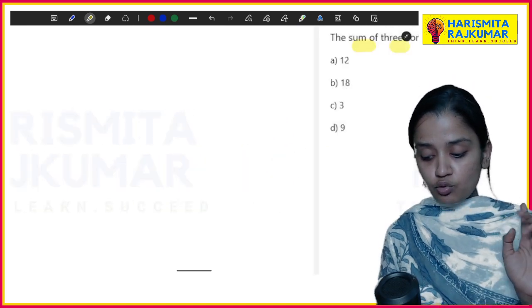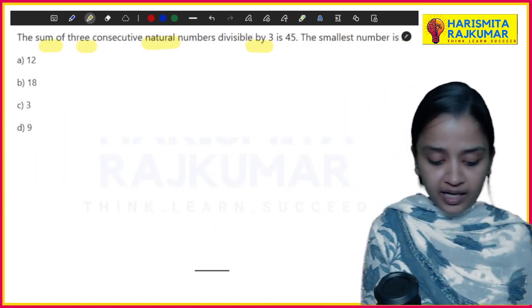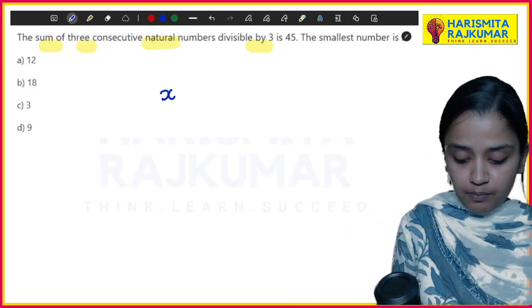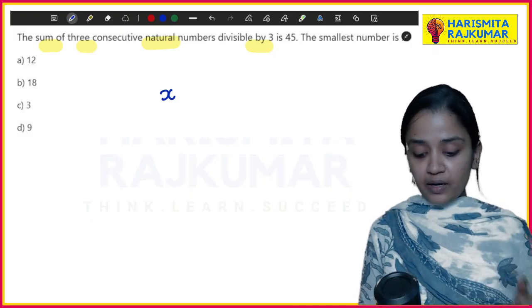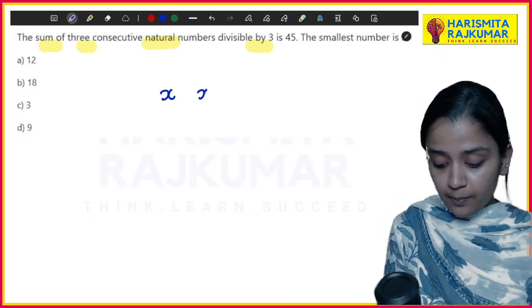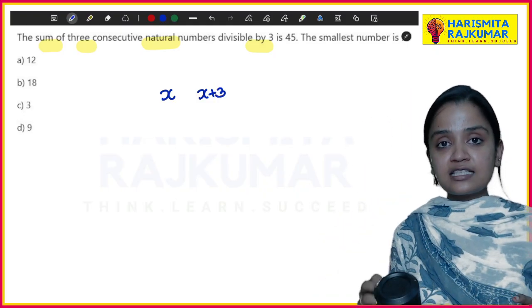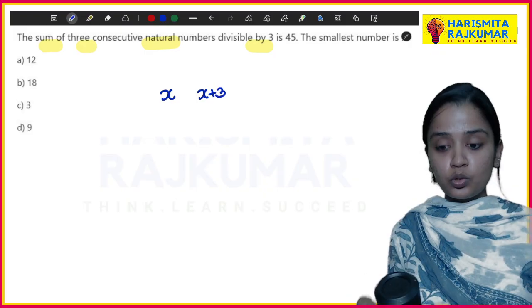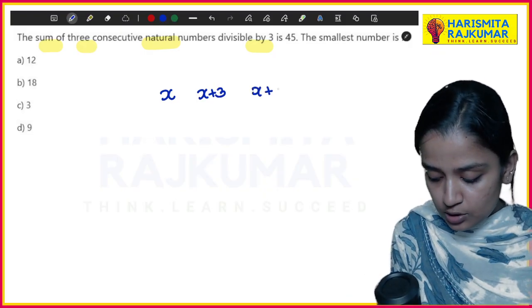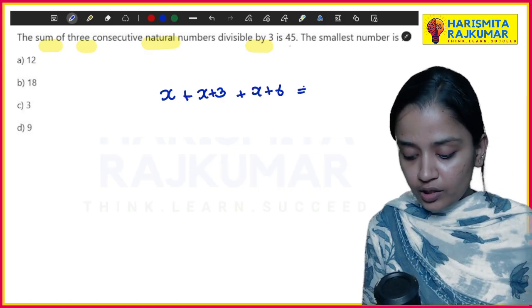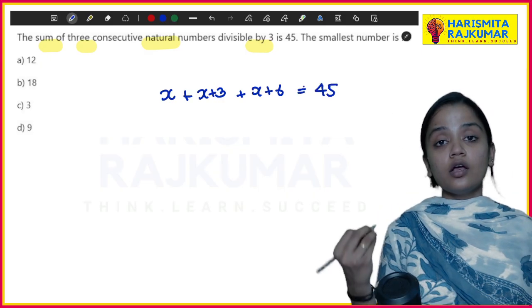As usual, I'm assuming the first number as x. Next number is divisible by 3, so it will become x plus 3. Since x plus n, then it becomes x plus 2 into 3, which is 6. Then you are adding everything, and your final answer here will be 45.